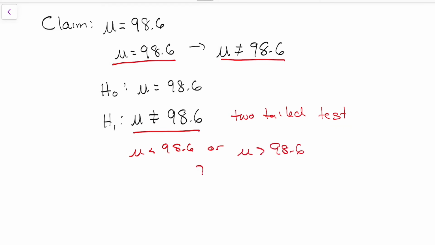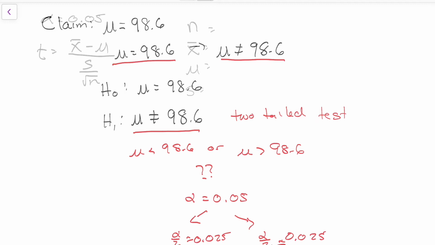In this case, we don't know which one is true, so we have to include both of them. And our alpha level of 0.05 has to be split into alpha over 2 to the left being 0.025, and alpha over 2 to the right, again being 0.025.